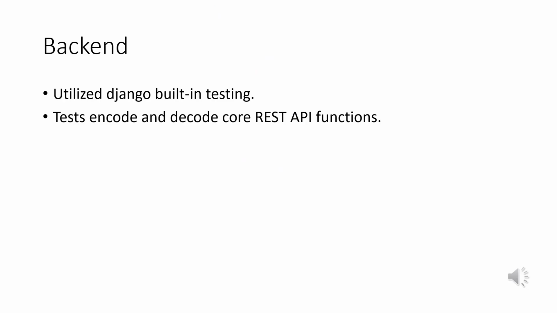Thank you. In our project, we utilized the Django framework for building the backend, which is a popular and powerful Python web framework. We employed Django's built-in testing tools to test our application, ensuring its performance is stable and reliable. Throughout our testing, we focused on encoding and decoding core REST API functions. The REST API is an architectural style for web services that allows for easy data exchange between different systems and applications.